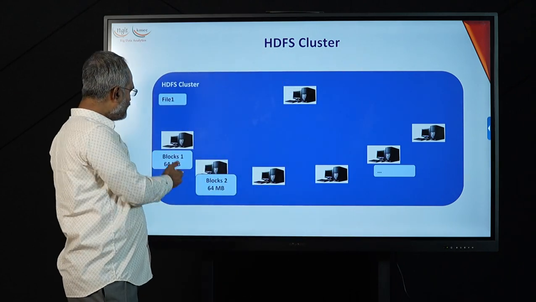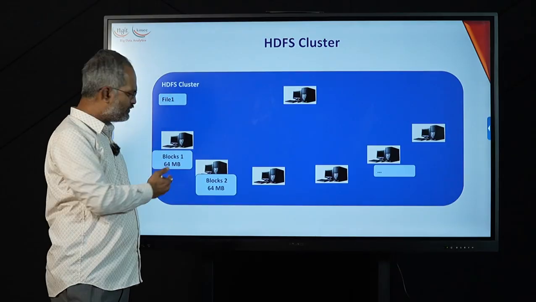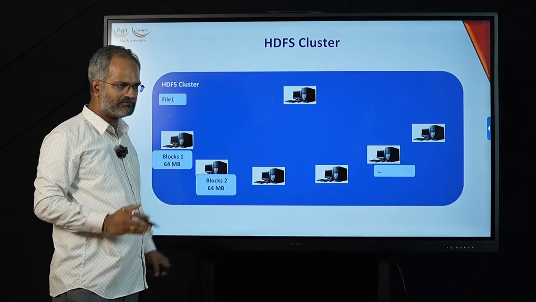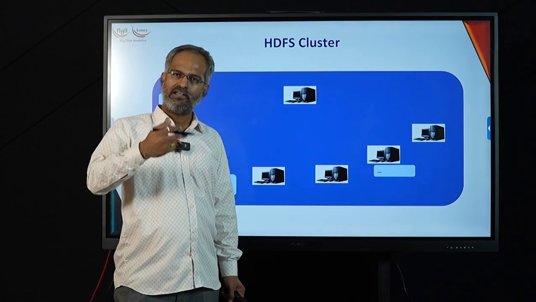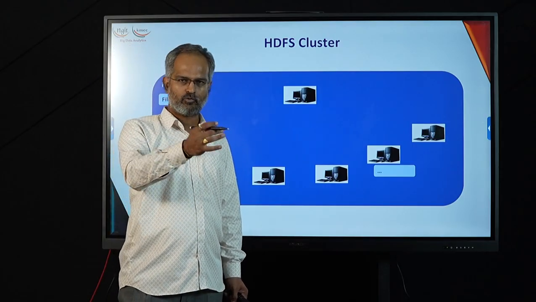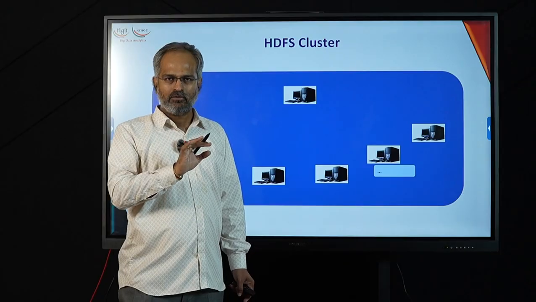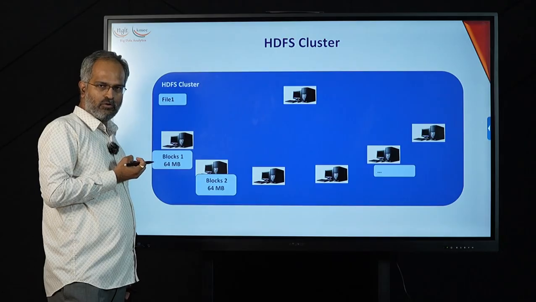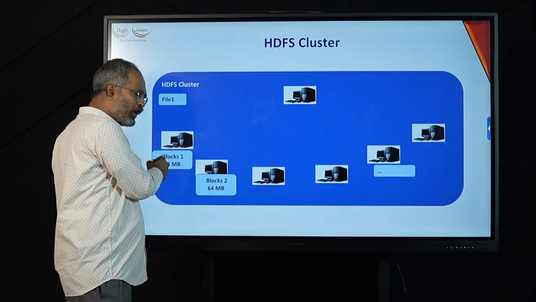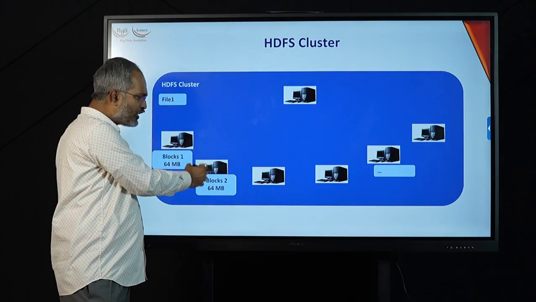Now we have file 1, block 1, block 2, block 3, and so on. Now I have file 2. File 2 will also be divided into block 1, block 2, block 3. Now if you want to get the data from file 1, who will tell which block is related to file 1 and which block is related to file 2?